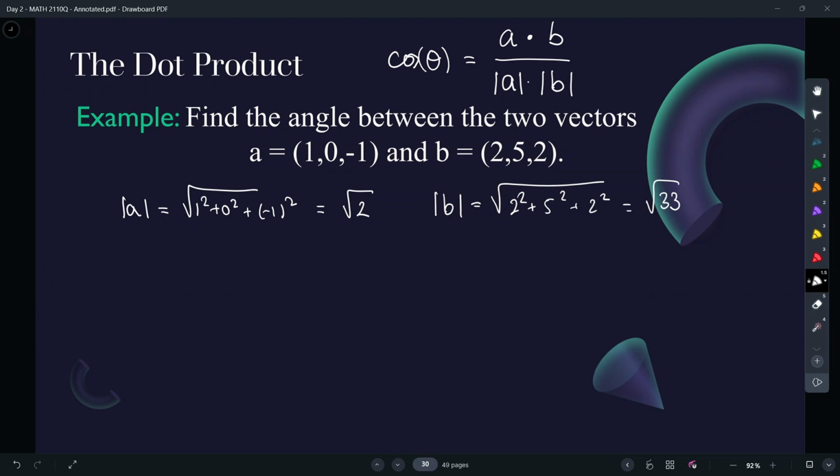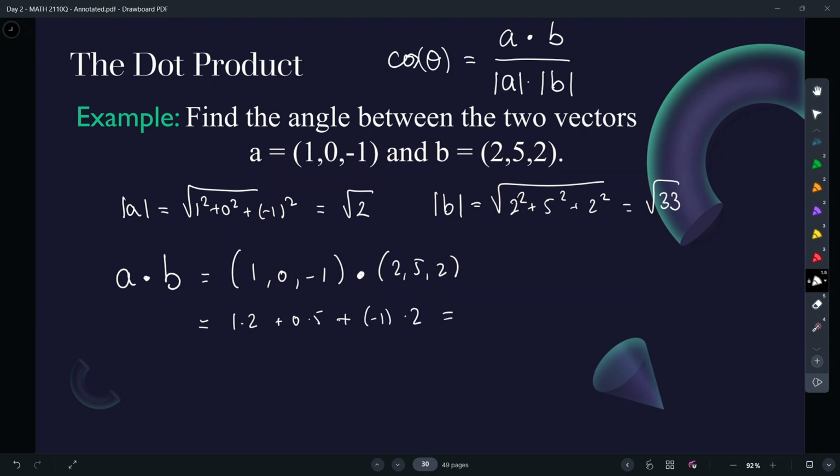Maybe not, because what is the dot product? We had done that before. The dot product of the two vectors is going to be 1 times 2 plus 0 times 5 plus minus 1 times 2, which gives me 2 minus 2, so I get 0.